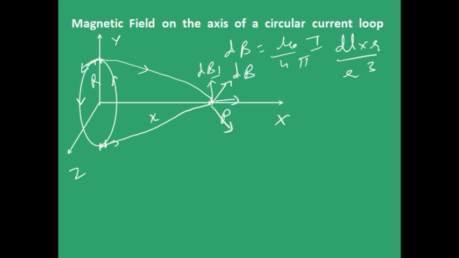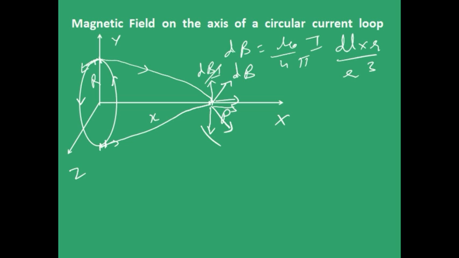It will be of the same magnitude, but the direction is this one. Even this vector I can resolve into two components, perpendicular and parallel. Are you observing it? This perpendicular component and that perpendicular component get cancelled because they are opposite to each other, and the parallel components get added up.